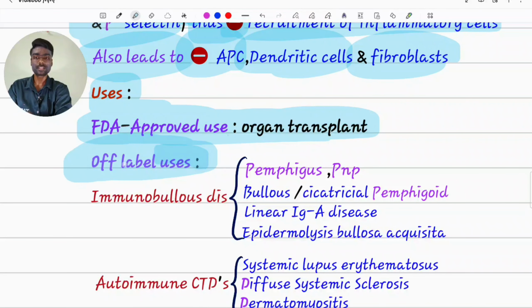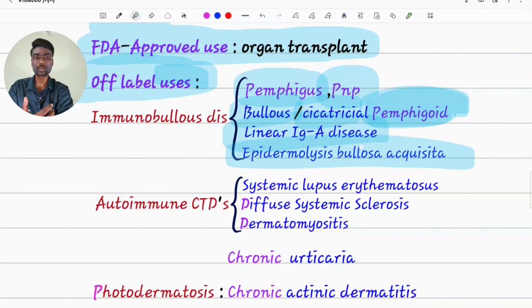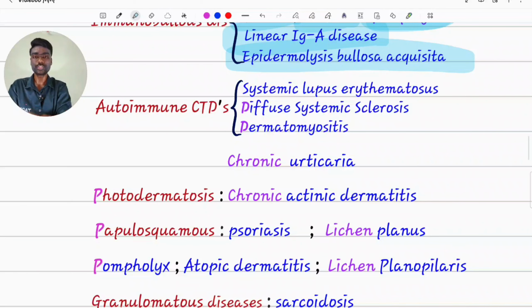Off-label uses are immunobullous diseases like pemphigus vulgaris, foliaceus, paraneoplastic pemphigus, bullous pemphigoid, cicatricial pemphigoid, linear IgA disease, epidermolysis bullosa acquisita. Autoimmune connective tissue diseases like systemic lupus erythematosus, diffuse systemic sclerosis, dermatomyositis.